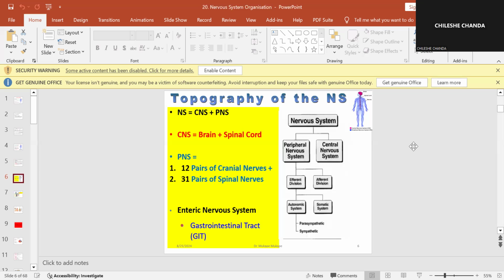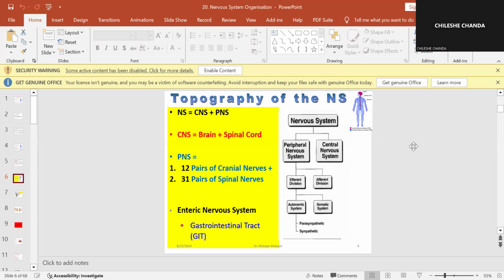All right, so that is the autonomic nervous system. Now, this autonomic nervous system is further divided into the sympathetic and parasympathetic nervous systems.